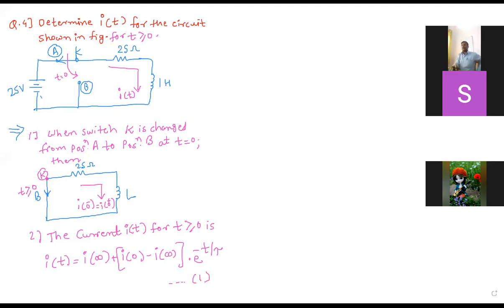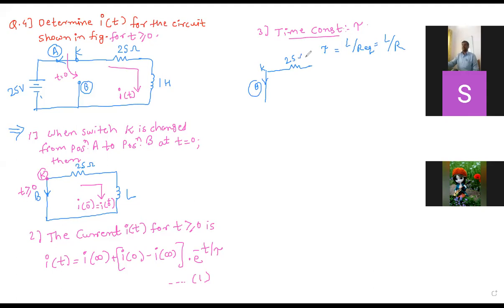So what is the time constant tau here? It is very simple: L by R equivalent. So R equivalent is replaced by only R. According to the new position of the switch, you can open the inductor. So time constant tau is equal to L by R equivalent, which is nothing but only R. This is at the B position.